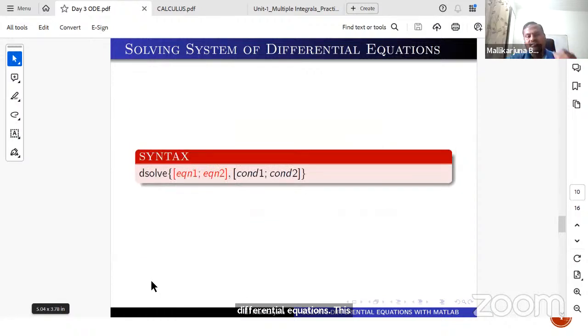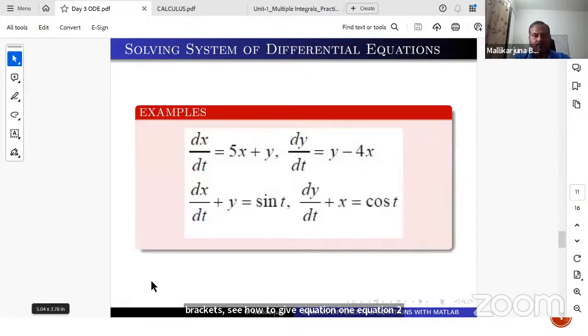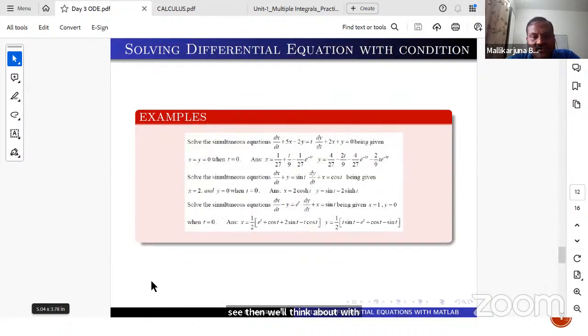So what is the syntax? You can see here dsolve. Within brackets, we have to give equation 1, equation 2. Correspondingly, we have to give condition 1, condition 2. Okay. So let us try this without conditions first. Then we'll think about with conditions.